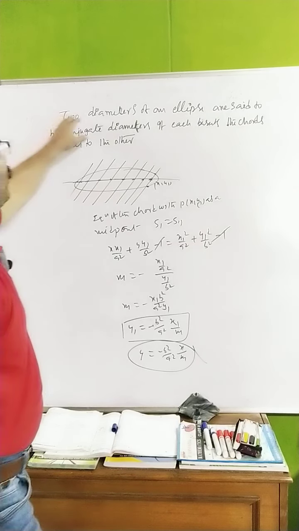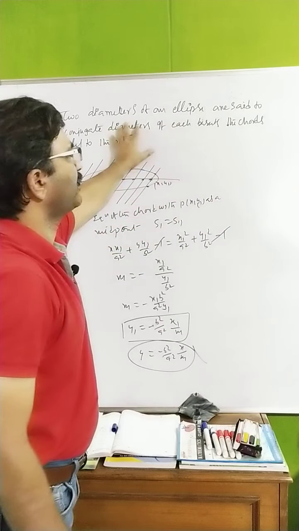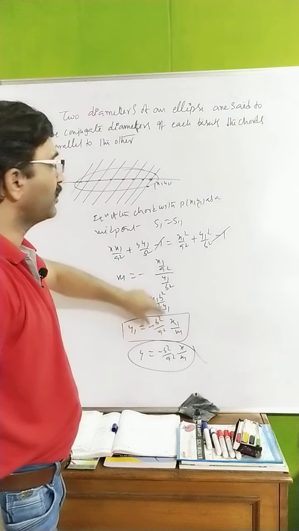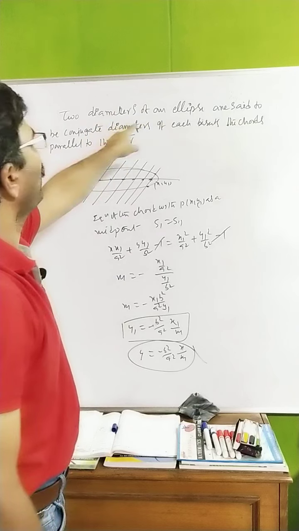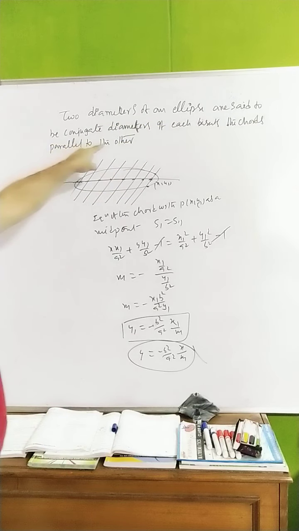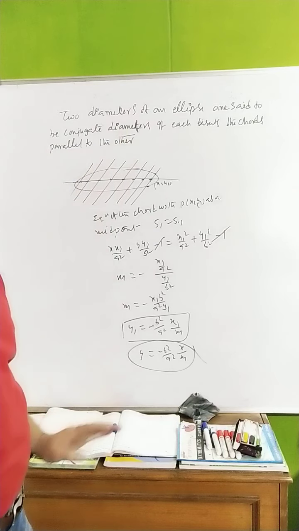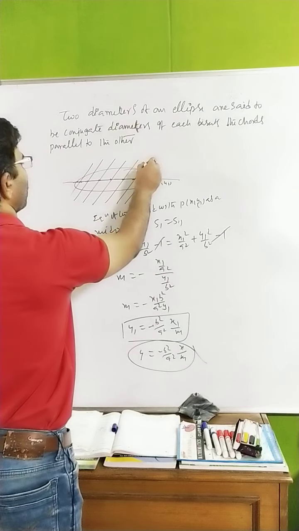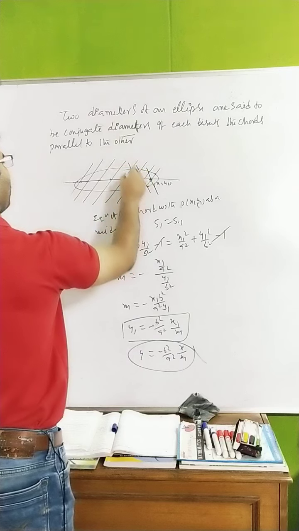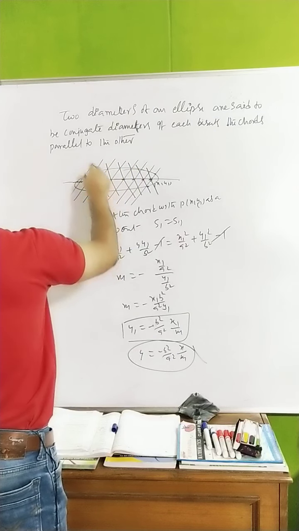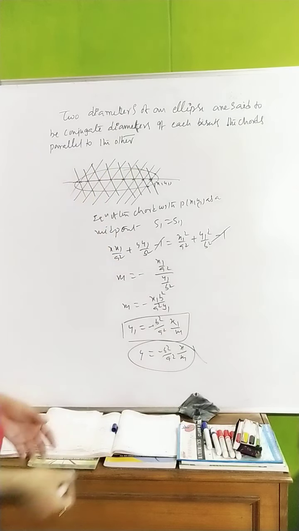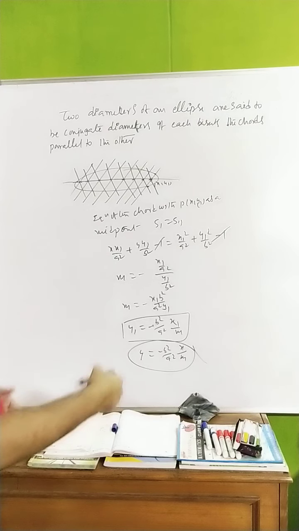One more point I want to tell you. Two diameters, not only one diameter equation, we got it like this. Two diameters of an ellipse are said to be conjugate diameters if each bisects the chords parallel to the other. It may be like this also, you can draw like this. They are bisecting, so what is the condition here?